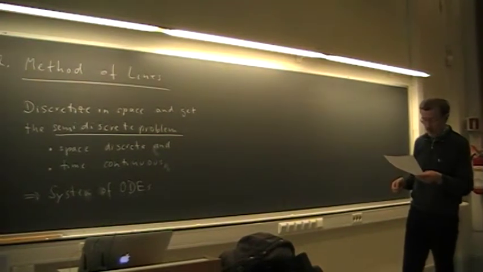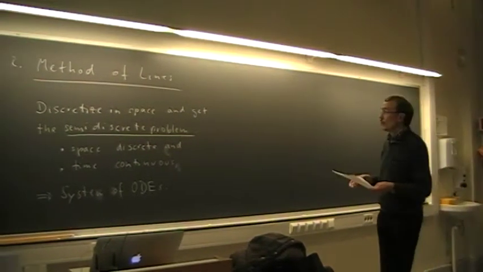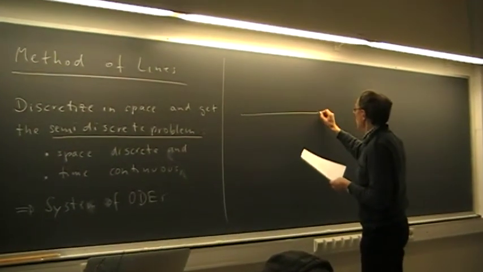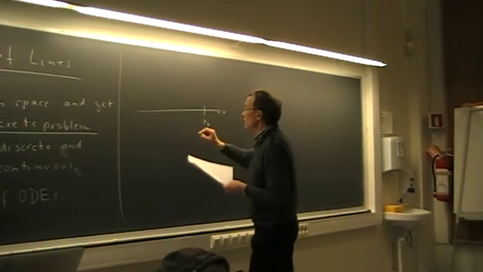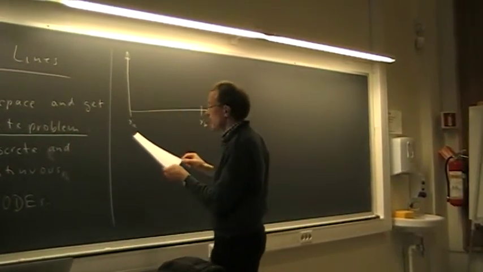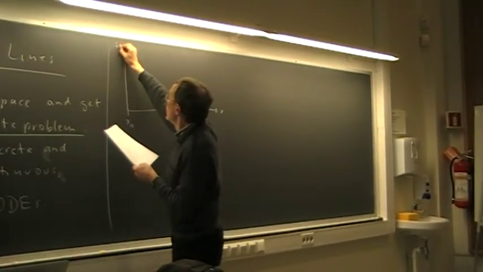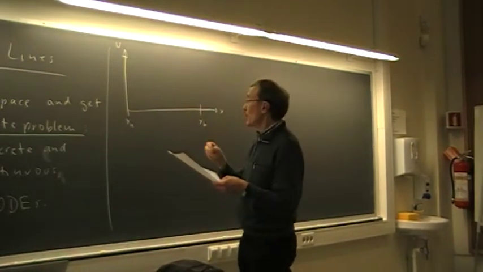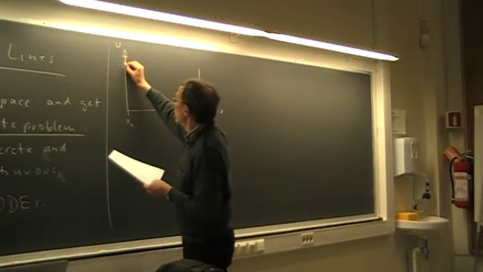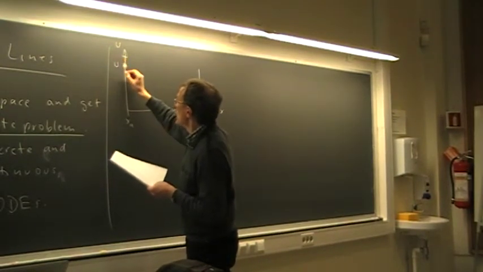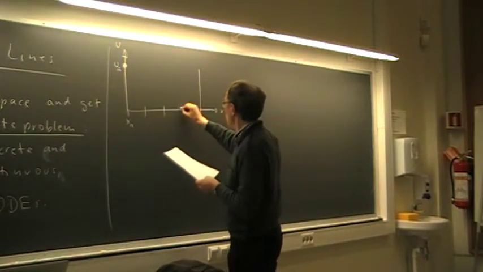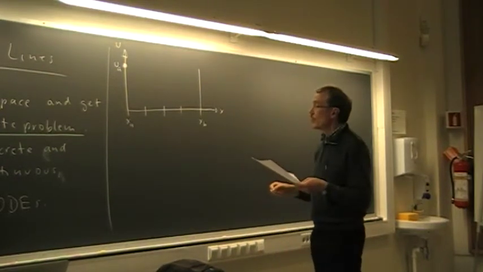That we can take then as an example for what is happening. So we have our interval xa to xb, and if we write out here the u, then we will have the boundaries, and at the boundaries we will have the boundary conditions, say the ua we call it, and then in the interior we have just a very few grid points here.